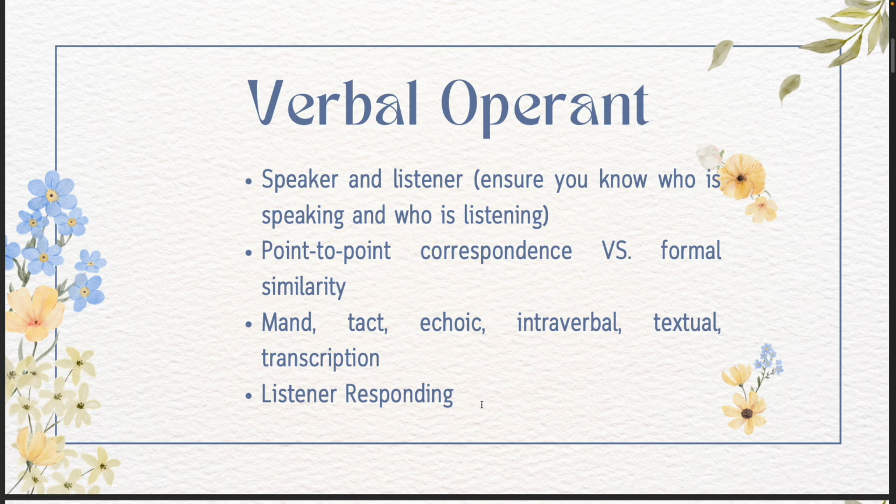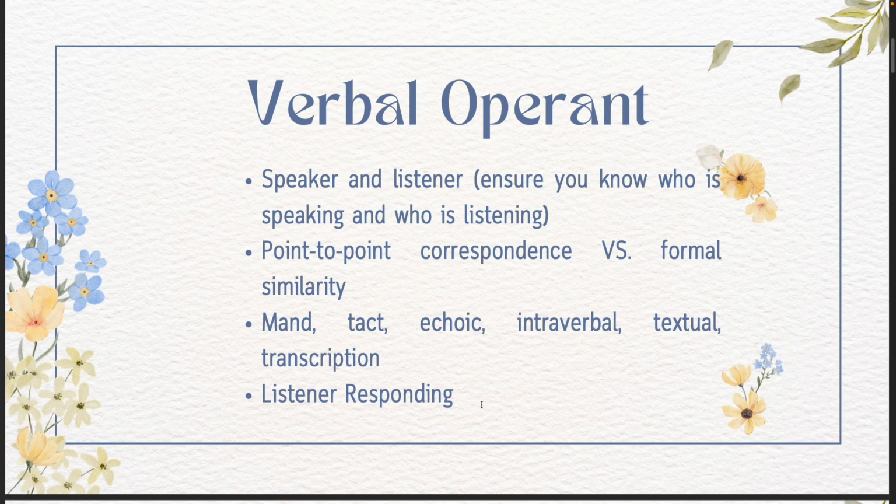And this is really important because when we are looking at scenarios later on in this video, you're really going to have to pick out what the question is asking. Is the question asking you about the listener who's performing the task, or is the scenario asking you who is speaking? So just something to watch out for when you are doing quizzes.